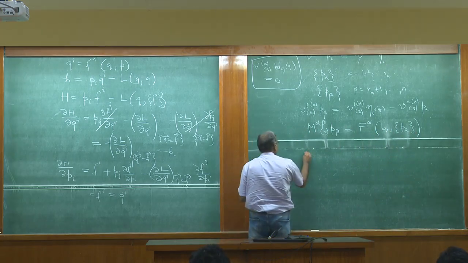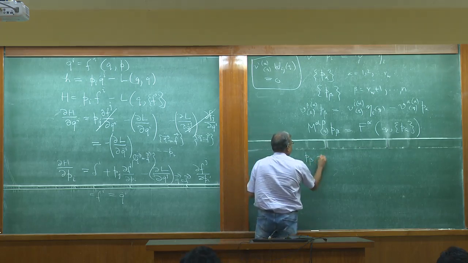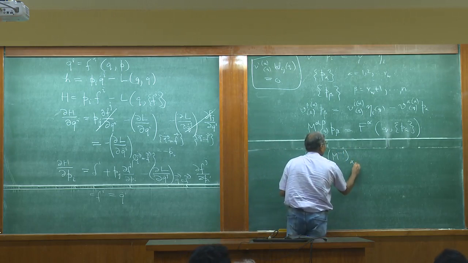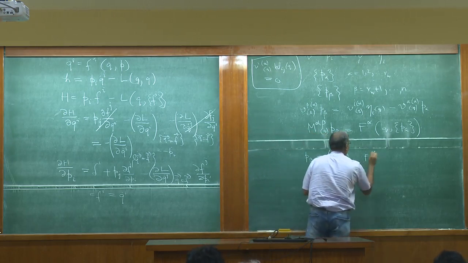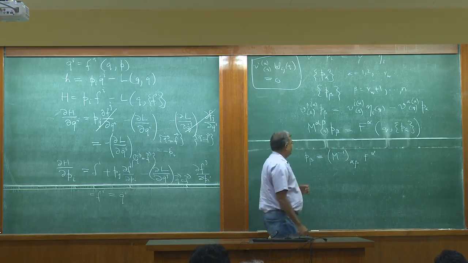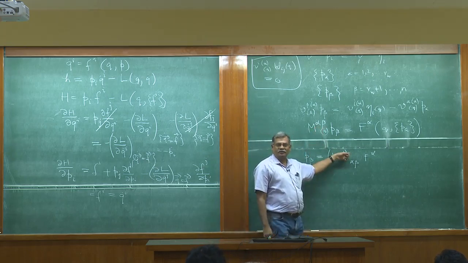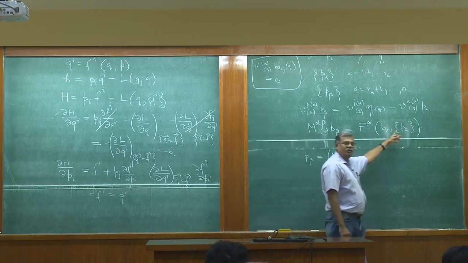So, basically, the P betas should be something you can calculate using this. So, M inverse being an inverse of a matrix which depends only on Q will also depend on Q in general. F alphas depend on Q and P alphas.